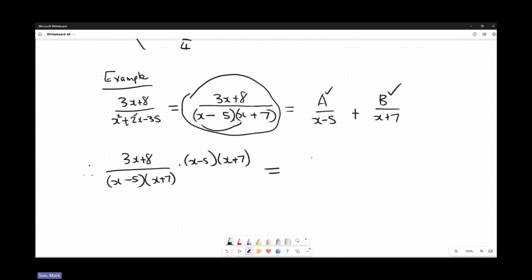And on the right hand side, I'm going to do exactly the same. Every term on the right hand side, I will multiply by x minus 5 times x plus 7. Because this is an equation, what I do on the left, I must also do on the right.